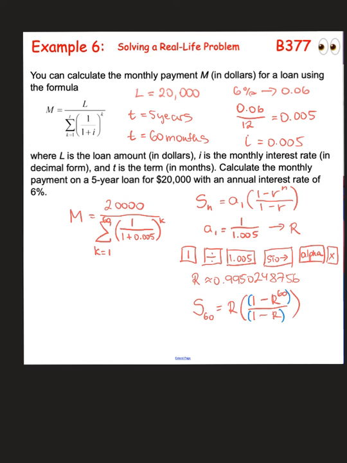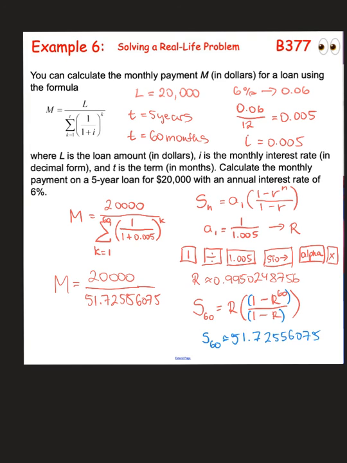So once you substitute this in your calculator, the sum of the first 60 terms is going to be approximately 51.72556075. Now if we substitute this number into the formula, the monthly payment is going to be 20,000 divided by 51.72556075.